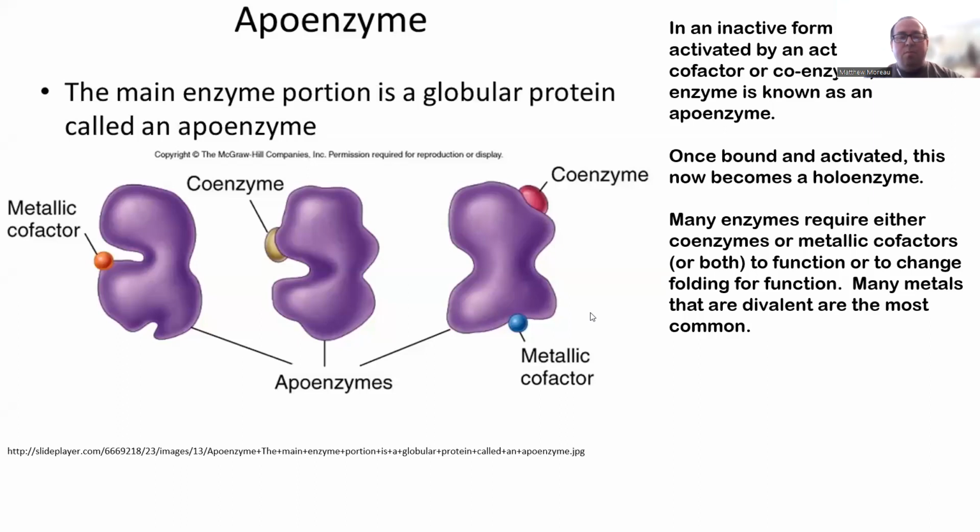When they exist in the non-active form, they need to bind something, either a coenzyme, another enzyme, a metallic cofactor, another substrate, or a phosphate group to activate. They need to bind something to activate them. Now, whether an enzyme needs to be activated or is active off of the ribosome really depends, again, on a case-by-case basis.